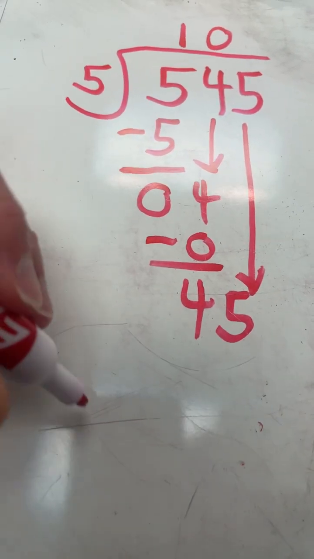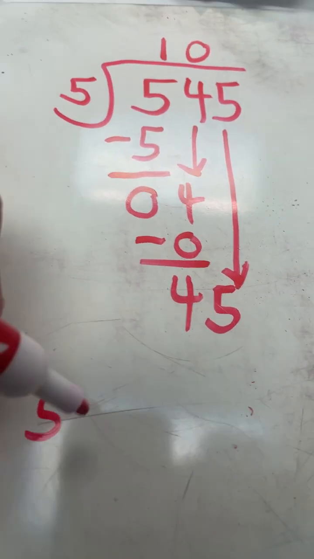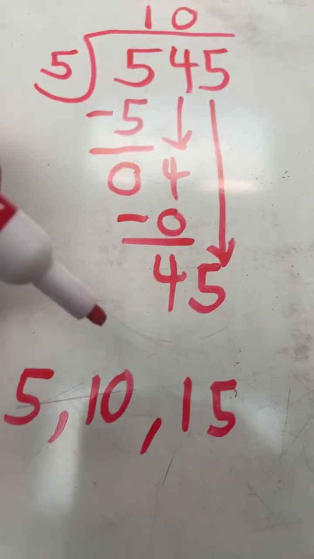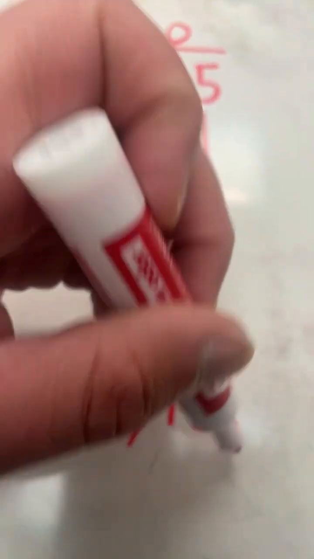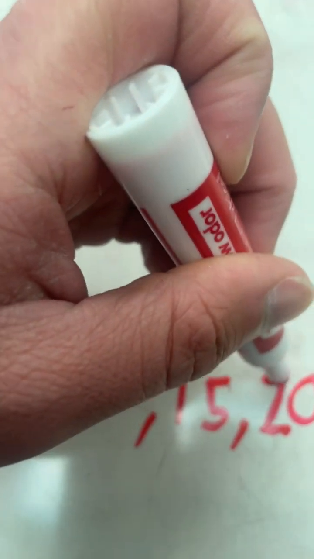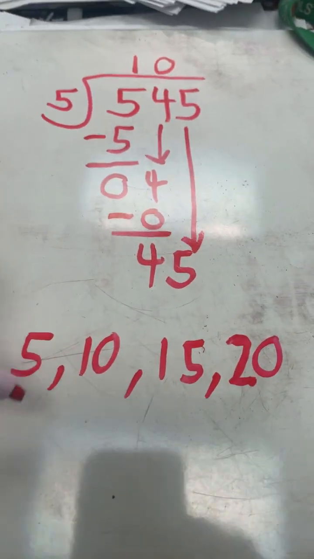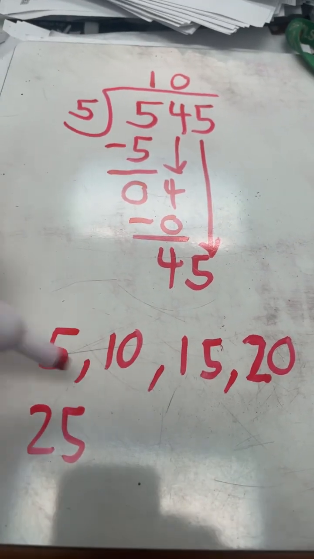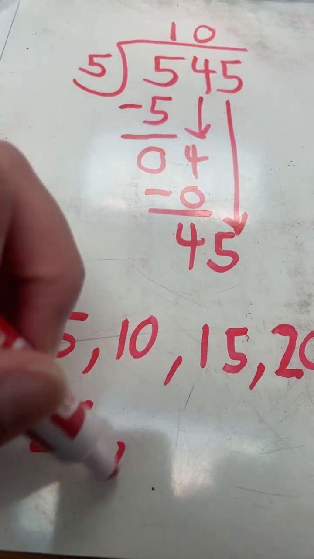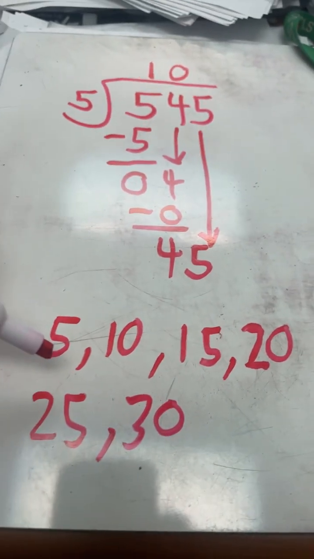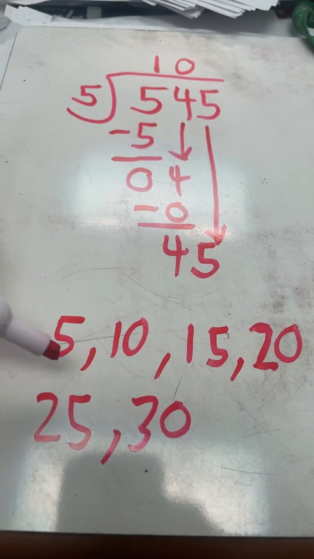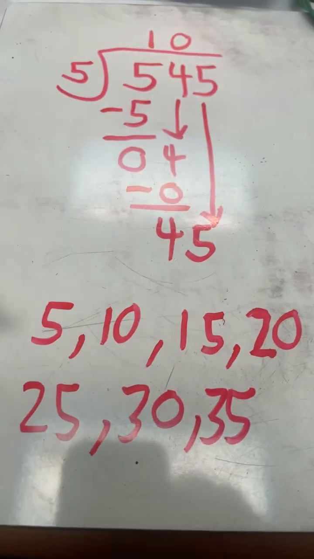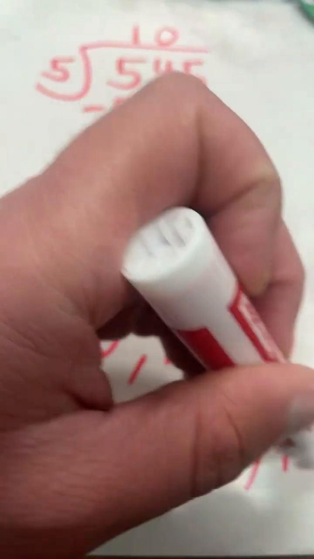I'll skip count by fives to make sure. 5, that's one group of 5. 10, 2 groups of 5. 15, 3 groups of 5. 20, 4 groups of 5. 25, 5 groups of 5. 30, 6 groups of 5. 35, 7 groups of 5. 40, 8 groups of 5.